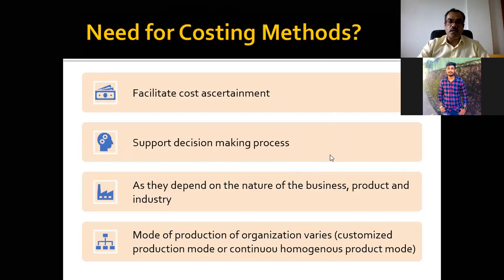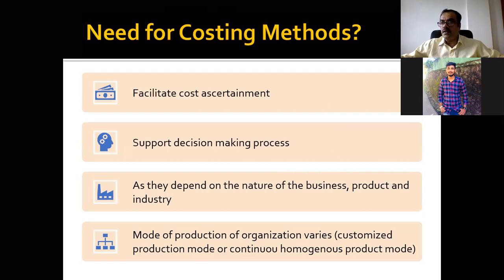Then the need for costing methods. Why do you need to have costing methods? Different systems of cost ascertainment. Already we know that no matter whether it is a job or process, we need to ascertain the costs of cost objects. How are we going to facilitate that? You need to have a method, whether it is specific order or continuous.